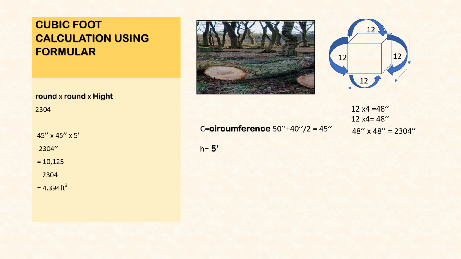You can calculate 12 into 4 equals 48. That is one side of the cube, and the same is applied to the other side of the cube. That is also 12 into 4, that is 48. So altogether 48 into 48 equals 2304. So let's go to the next slide.